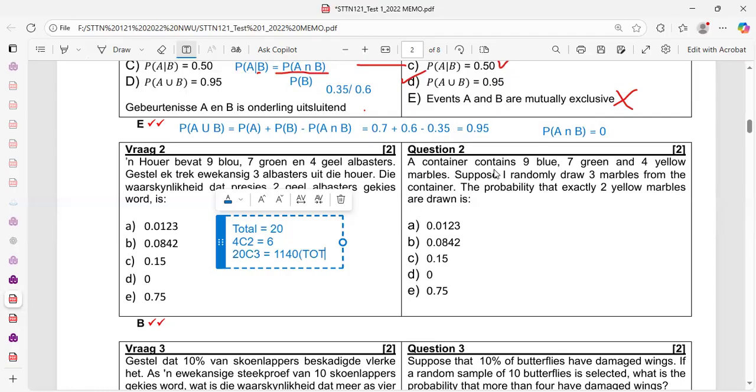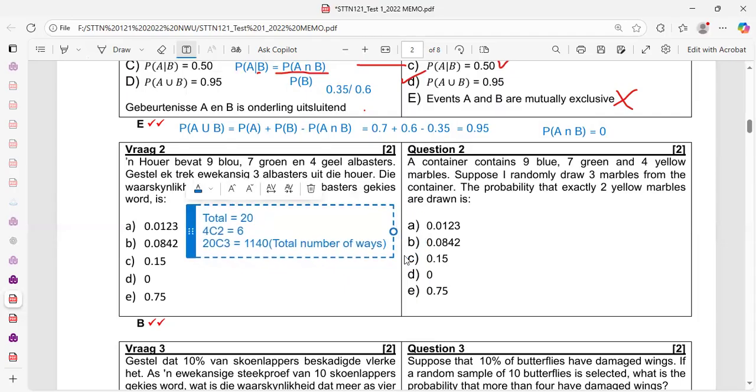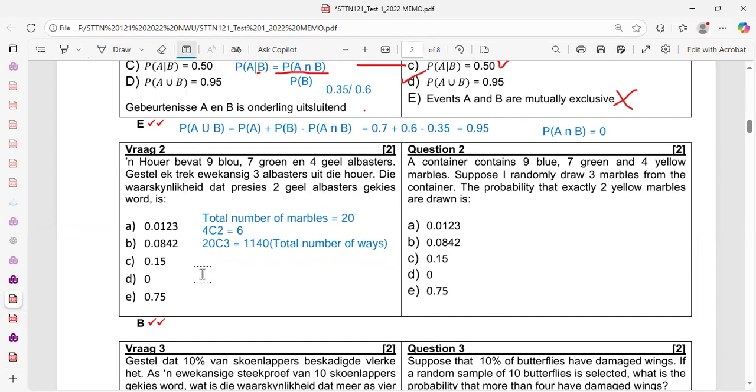This is the total number of outcomes, 1140.